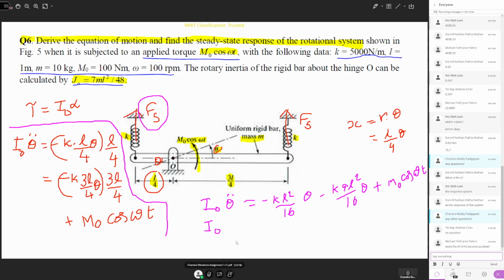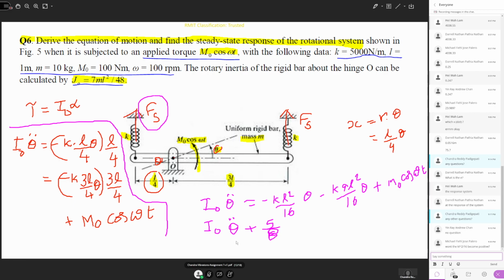So you can write I naught theta double dot. Now you can bring this to the other side: negative K L square over 16, then minus 9 K L square over 16. If you bring it to the other side, 9 plus 1 becomes 10, and 10 over 16 is 5 over 8.